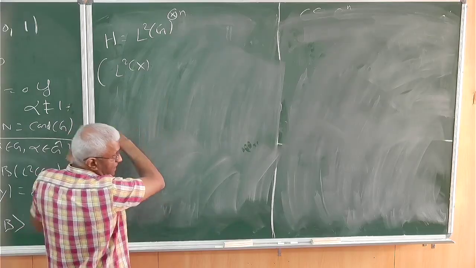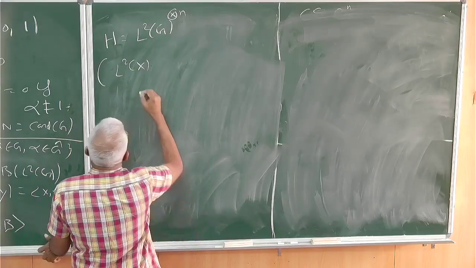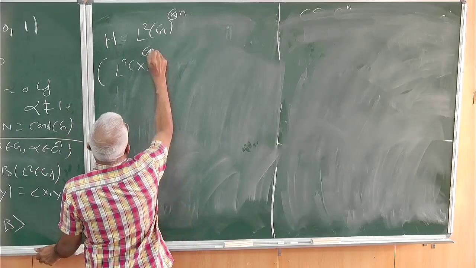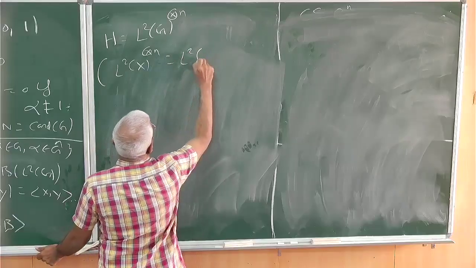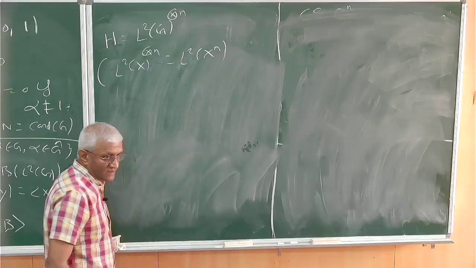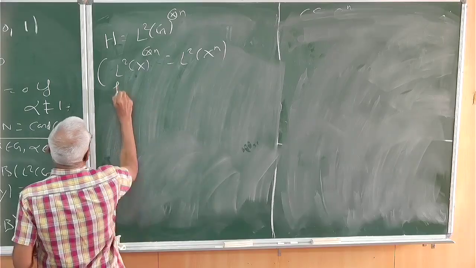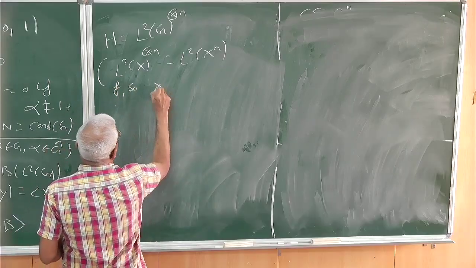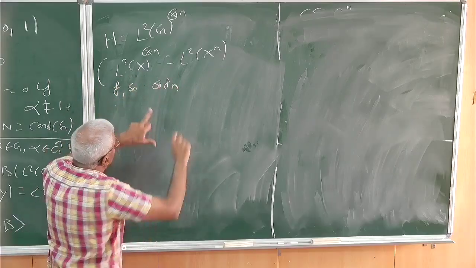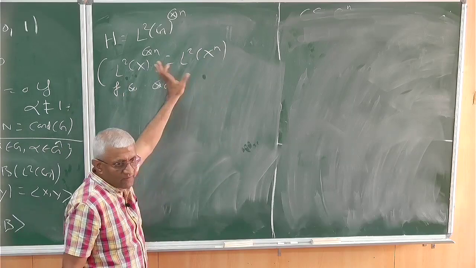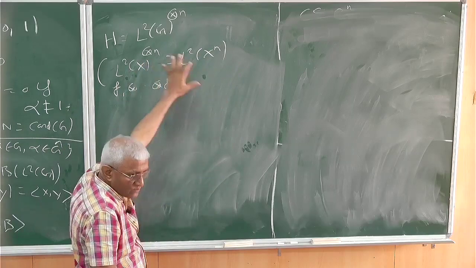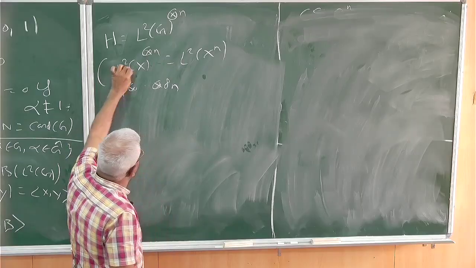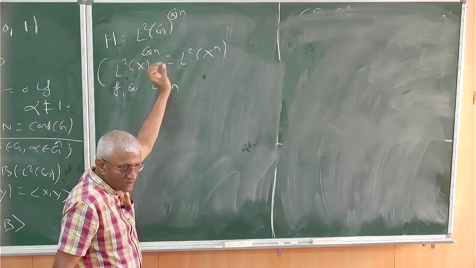Even if it is a compact topological space, the tensor n is the same as L2 of X. There is an identification, which means there is a unitary, an inner product preserving bijection, that's what we want.